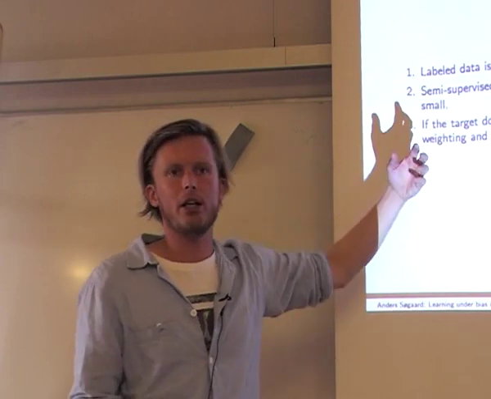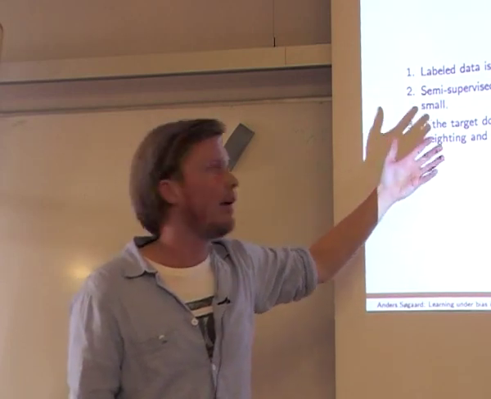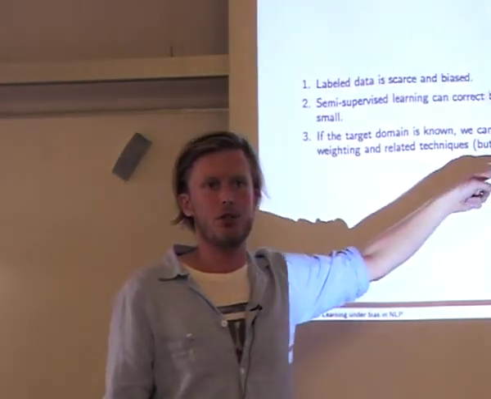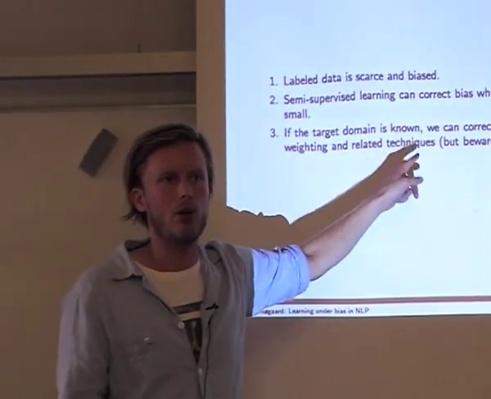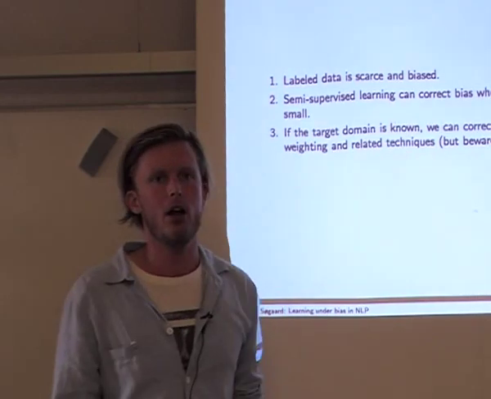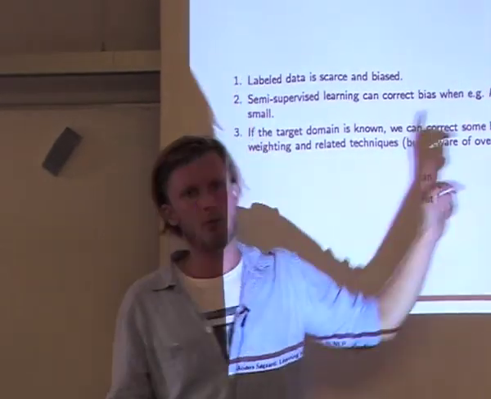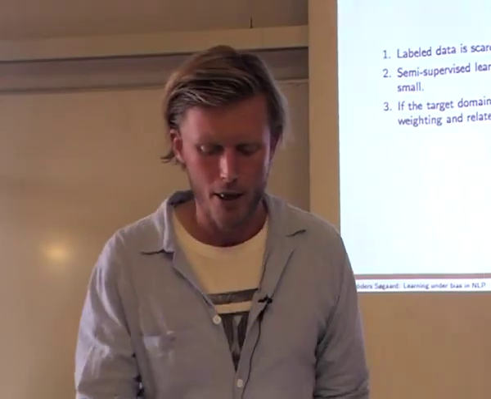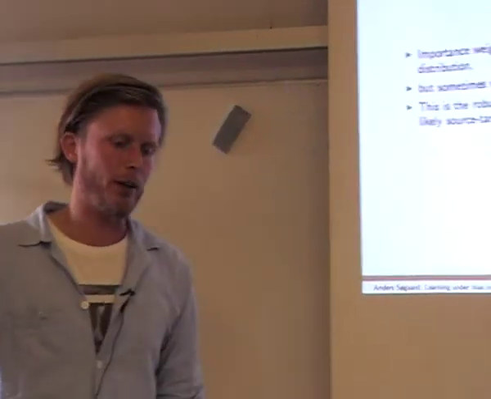And it turns out that we can do that in more cases, so we don't need the expected error on the target distribution to be low, at least not theoretically. So this applies in more cases. But we've also noted that there's this problem of overfitting the weight function. And I'm going to try to bring that into parsing and tagging in a second.